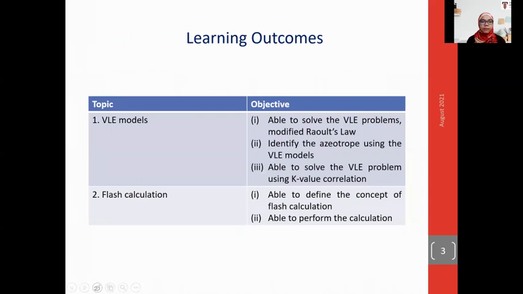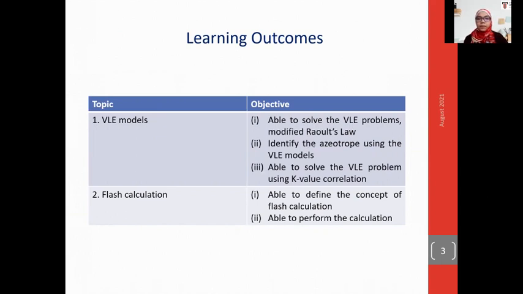Okay, in this part, we are going to move to the other VLE models. We should be able to solve the problem using the modified Raoult's law, so we will look at an example related to it, and then how to identify whether an azeotrope exists in the system or not.